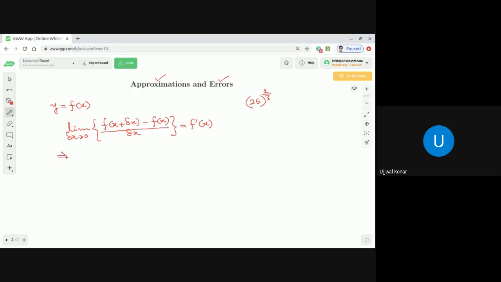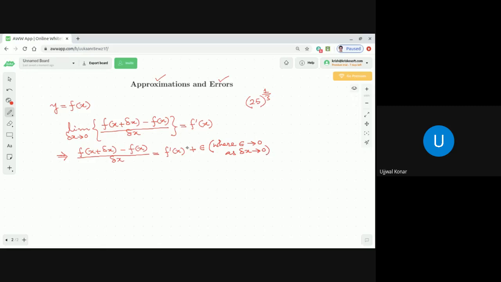So that means we can write f of x plus delta x minus f of x divided by delta x is equal to f dash x plus a very small quantity, suppose epsilon, where epsilon is tending to 0 as delta x is tending to 0.